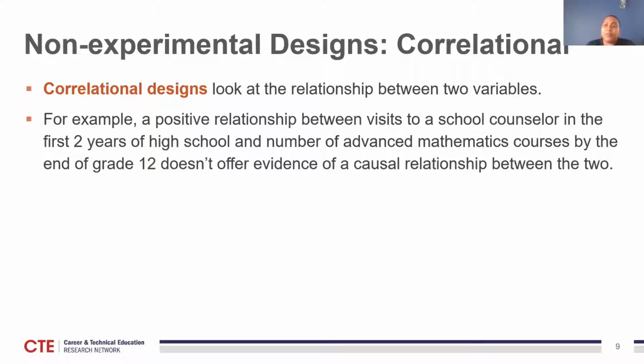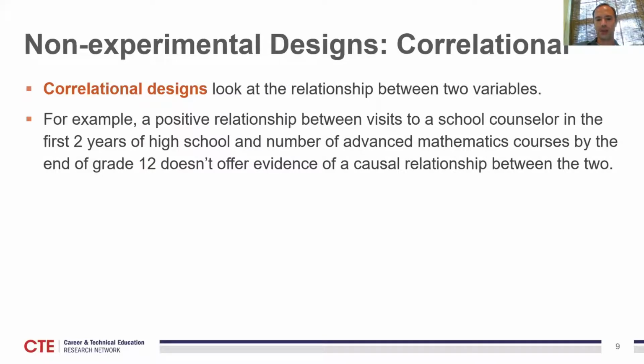We also have the parental influence. Certain parents might definitely encourage kids to take more math courses and may also encourage those students to visit the counselor. Yep. Good, very good point.